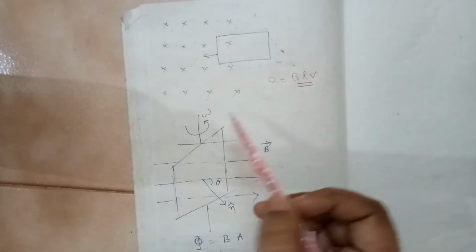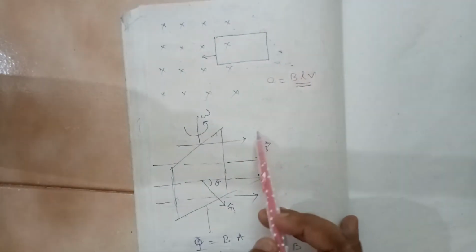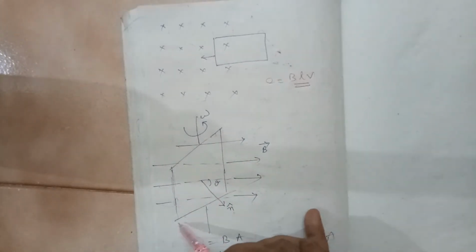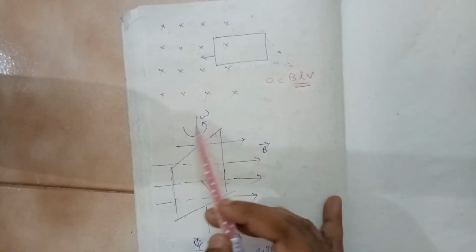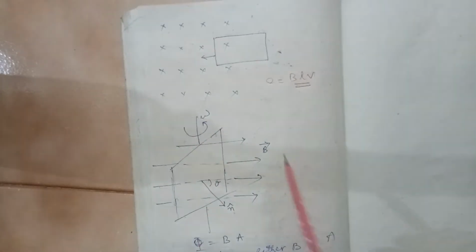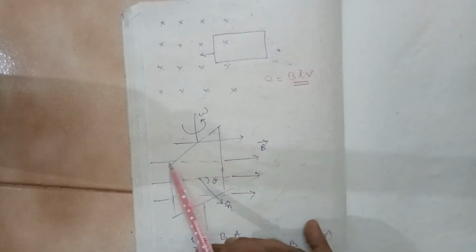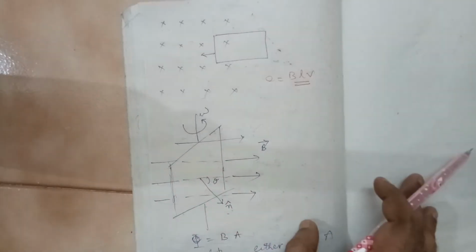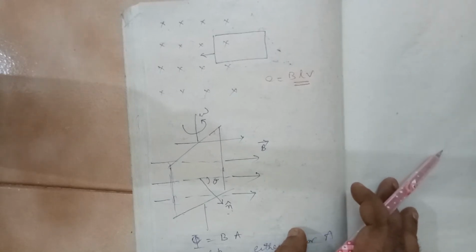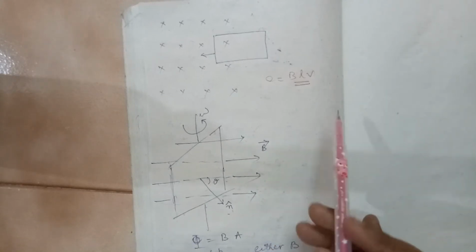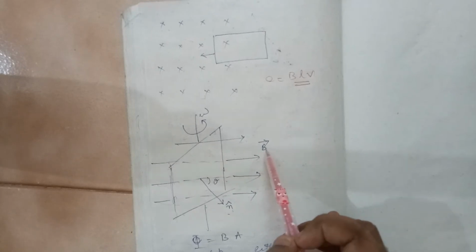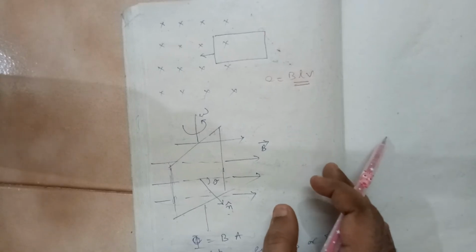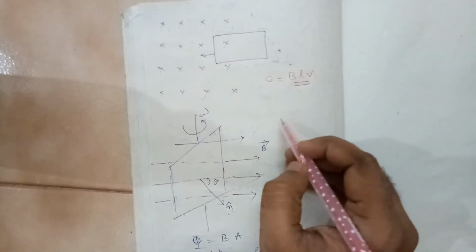And there can be a scenario where you are rotating a coil in a magnetic field with some angular speed omega. The unit vector normal to the area, as shown, makes some angle theta. Every time theta is changing, so the dot product of B vector and area vector is changing. So if that is changing, flux is changing.